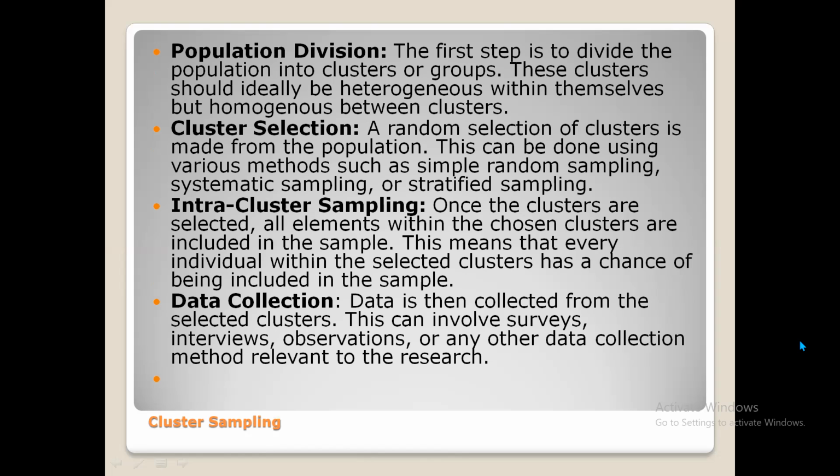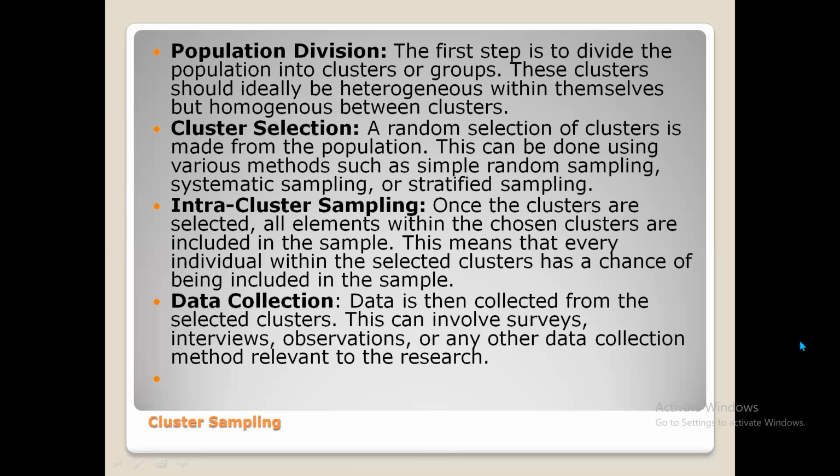But among cluster A, cluster B, cluster C, they are homogeneous in the sense that what you find in cluster A, male, female, children, and old, is also what you find in cluster B, and the same thing in cluster C. So that is what we're trying to explain. They are going to be heterogeneous within themselves, but homogeneous between clusters.